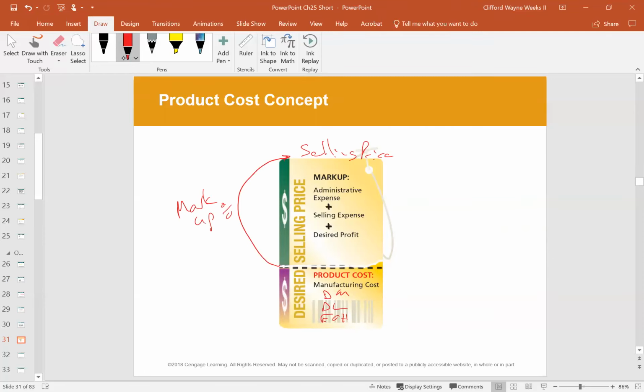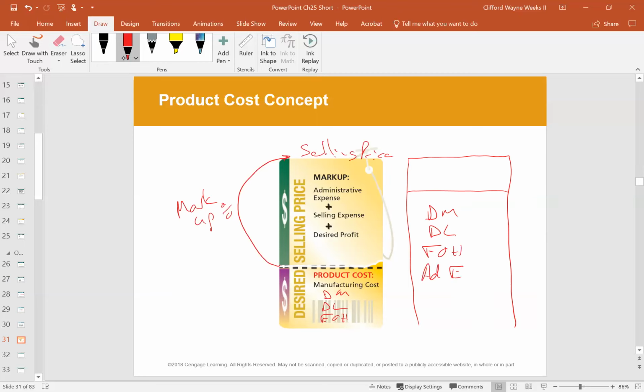So let me show you what a total cost looks like. I said that there's different methods: the product cost, the total cost, and the variable cost. So total cost is going to look something like this. Total cost consists of direct materials, direct labor, factory overhead. It's going to have your period cost, which is our admin expenses and selling expenses.